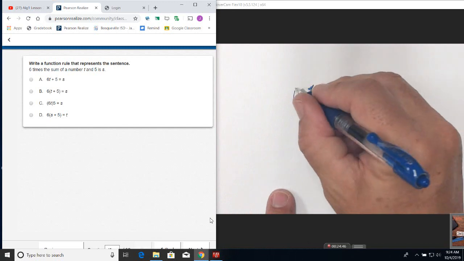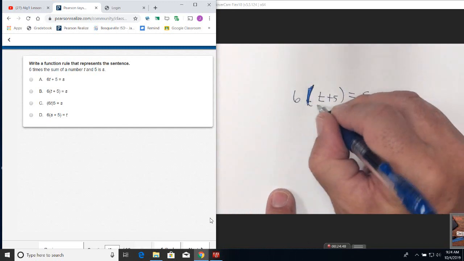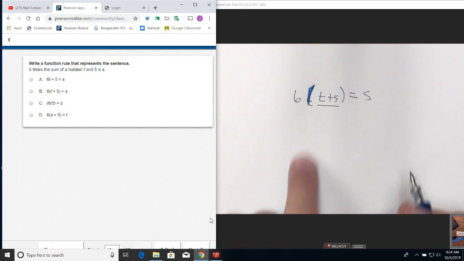So before I multiply by 6, I've got to find the sum of some number t and 5. That's what it's saying to do. So do I see that anywhere? 6 in parentheses, t plus 5, is equal to s? Yes. Any questions about that? Are we good? All right, let's go to the next one then.